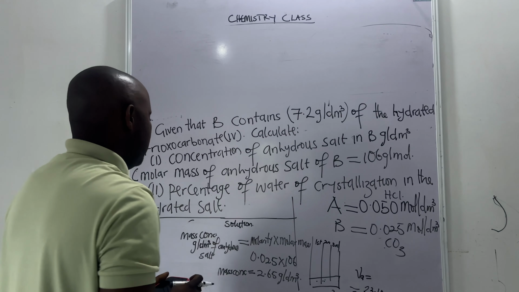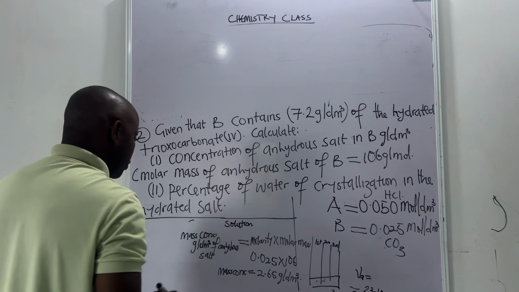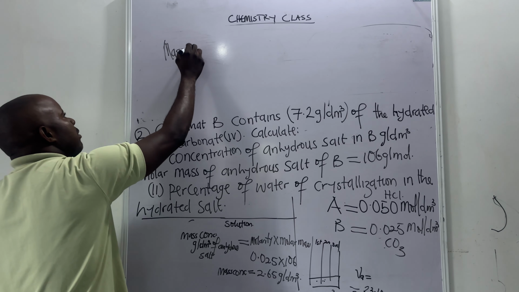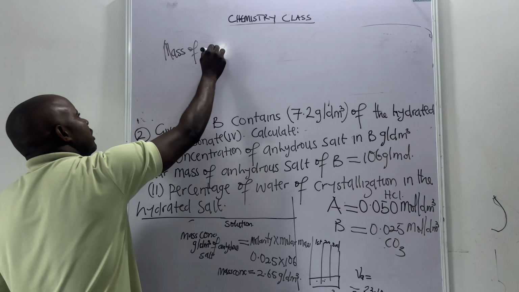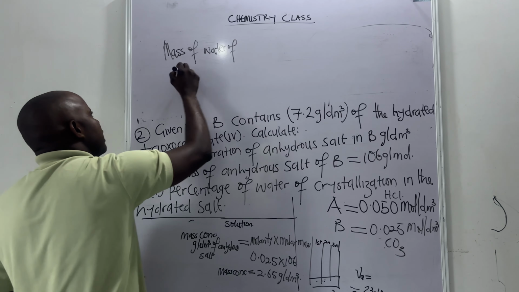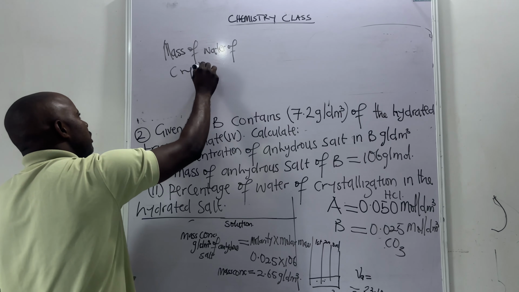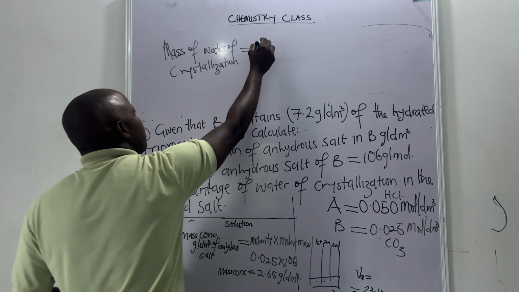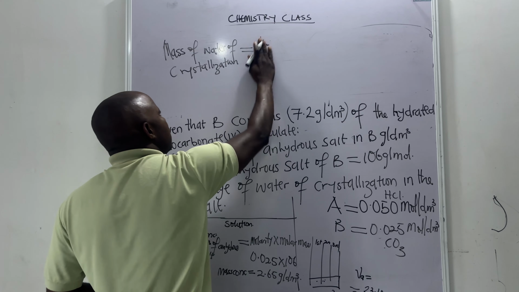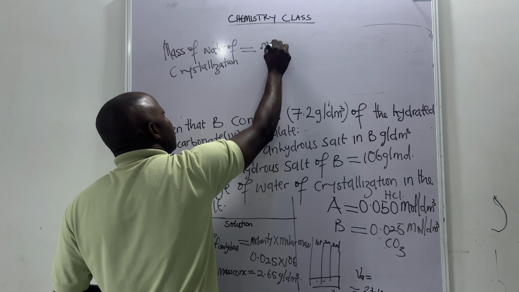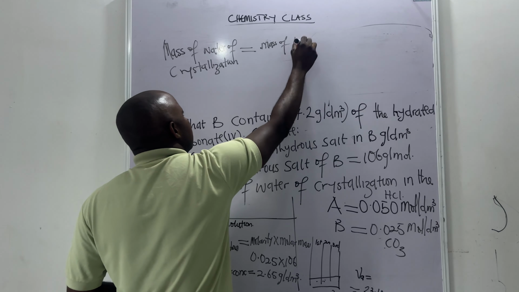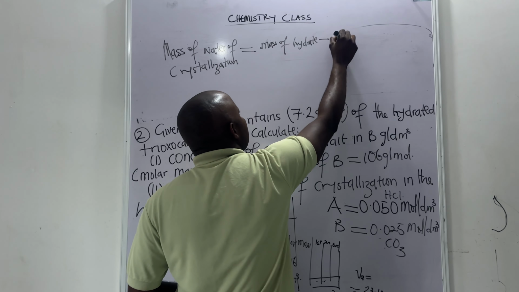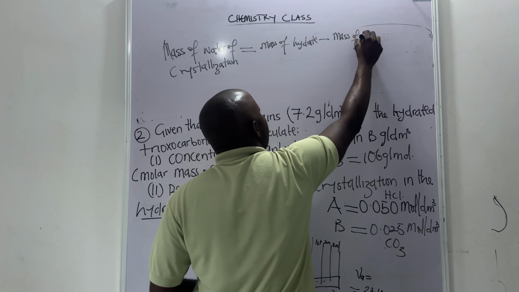Mass of water of crystallization is mass of hydrated salt minus mass of anhydrous.